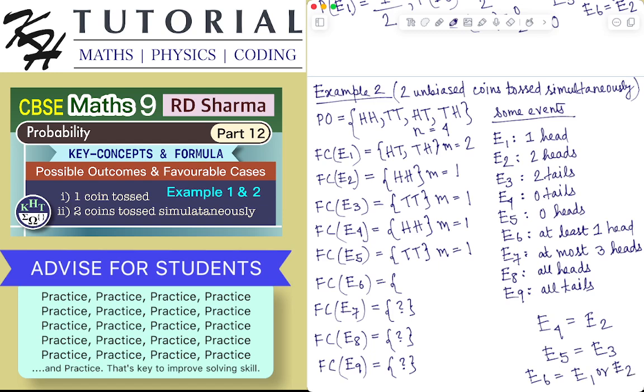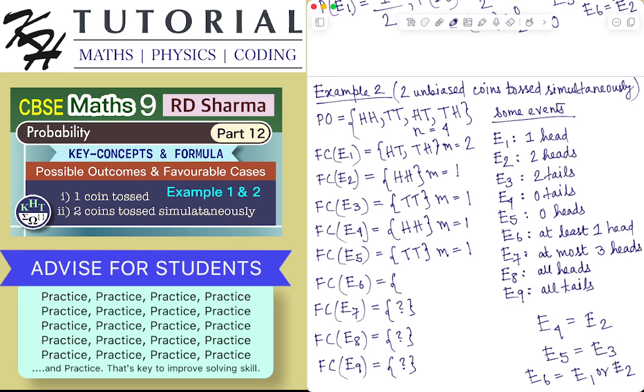The event E6 is saying at least 1 head. So it means that I can have 1 head or I can have 2 heads, since there are 2 coins. So 1 head means the event E1 and 2 heads means the event E2. So the occurrence of event E6 is equivalent to the occurrence of event E1 or the occurrence of event E2.